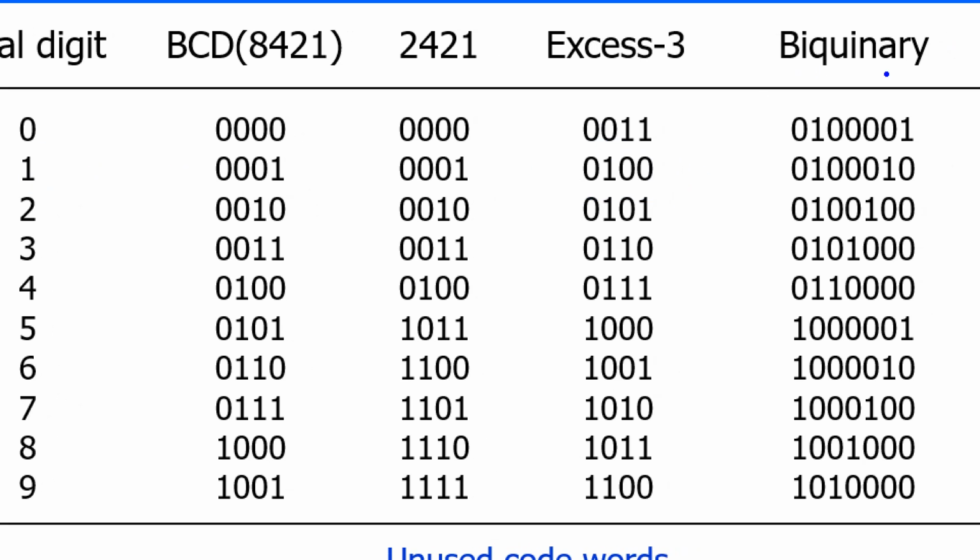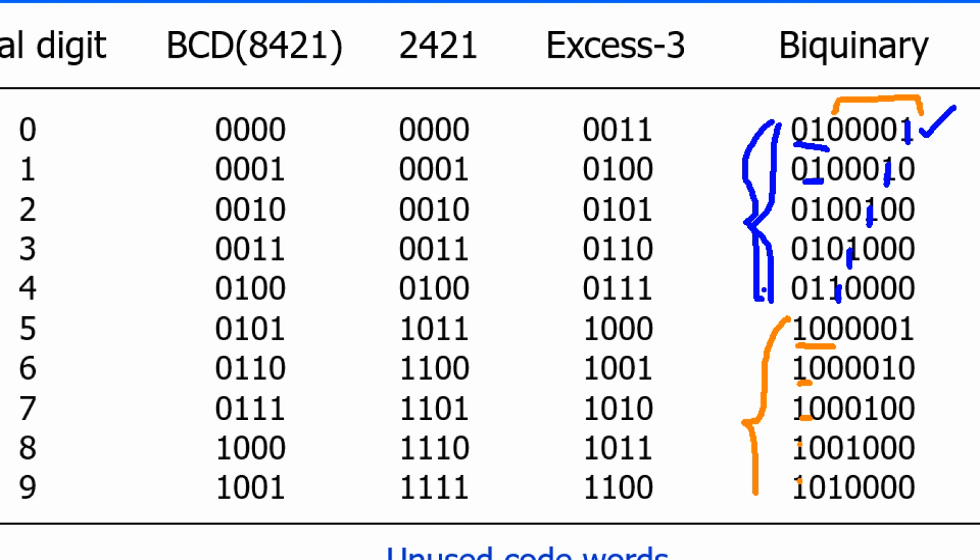However, this one is biquinary. For the lower values 0, 1, 2, 3, 4, it begins with 0 1, and the second half begins with 1 0, and the 5 bits are used to represent the value, right? 1 1 1 1 1 shows the first value of this part, and the second value of this part, third, fourth, and fifth value of this part, which represent 0, 1, 2, 3 and 4.